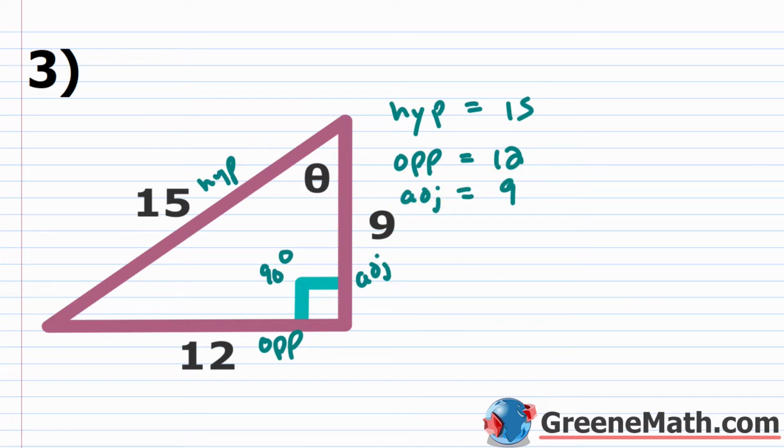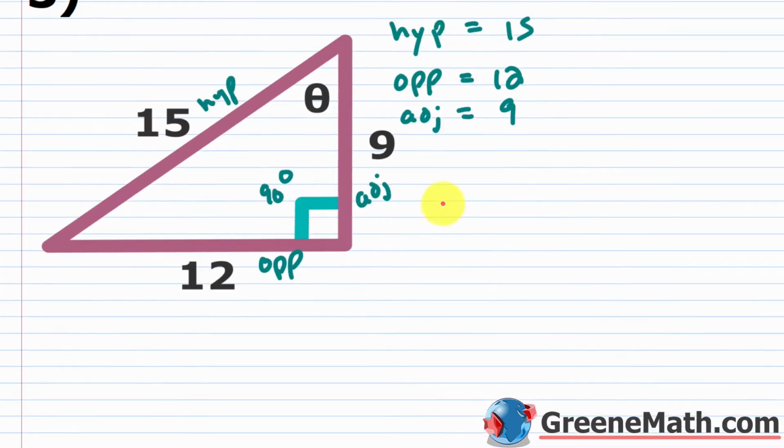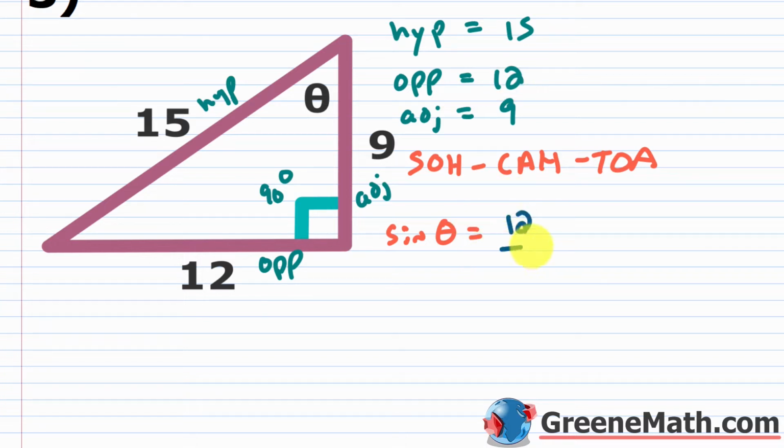All right, so thinking about the trigonometric function values, again, you could just write out the SOH-CAH-TOA. Just do this a few times and you'll memorize it. So if you think about, again, sine of theta, it's going to be what? Here's the S, it's O and then H. So O is opposite, H is hypotenuse. So the opposite here is 12, the hypotenuse here is 15, and essentially you have a common factor of 3.